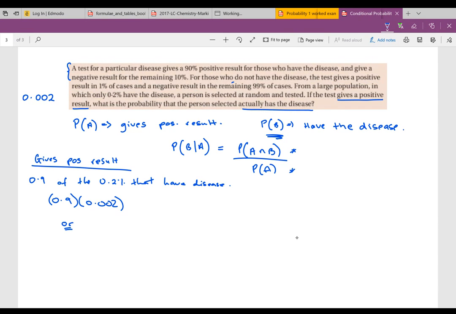For those who do not have the disease, the test still gives a positive result in 1%. So that means for 1%, 0.01, of the people that don't have the disease.